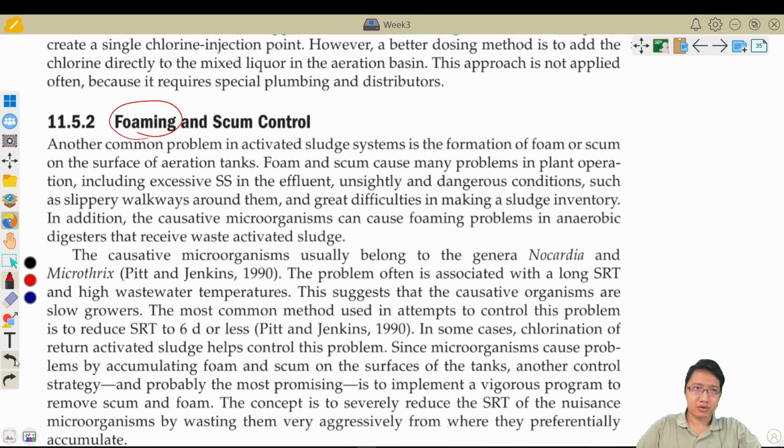About those bacteria that cause the foaming problems, sometimes they belong to the genera Nocardia and also Microthrix, and those are slow-growing bacteria.